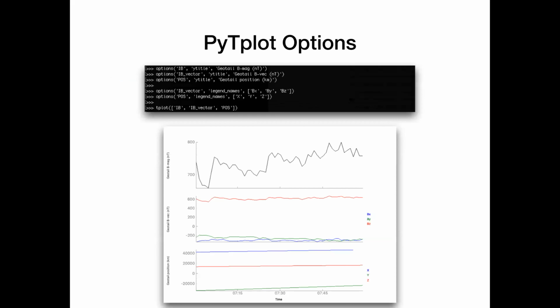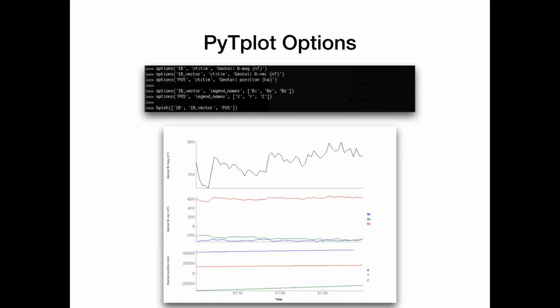So here's an example where we change the y title on those previous plots. Instead of using the variable name, we set the y title to geotail bmag and give it the units. And we update the B field vector y title to geotail bvec with the units, and then the position vector with just geotail position.